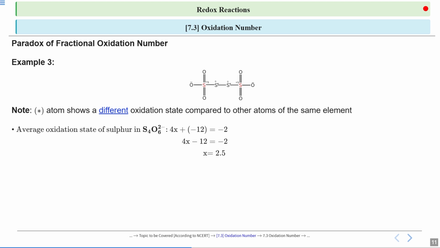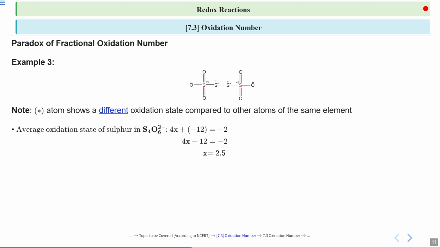So if we calculate the average oxidation state of sulfur in S4O6 2 negative, you will find that 4x minus 12 is equal to minus 2. And when you calculate the value of x, you will find it to be 2.5.